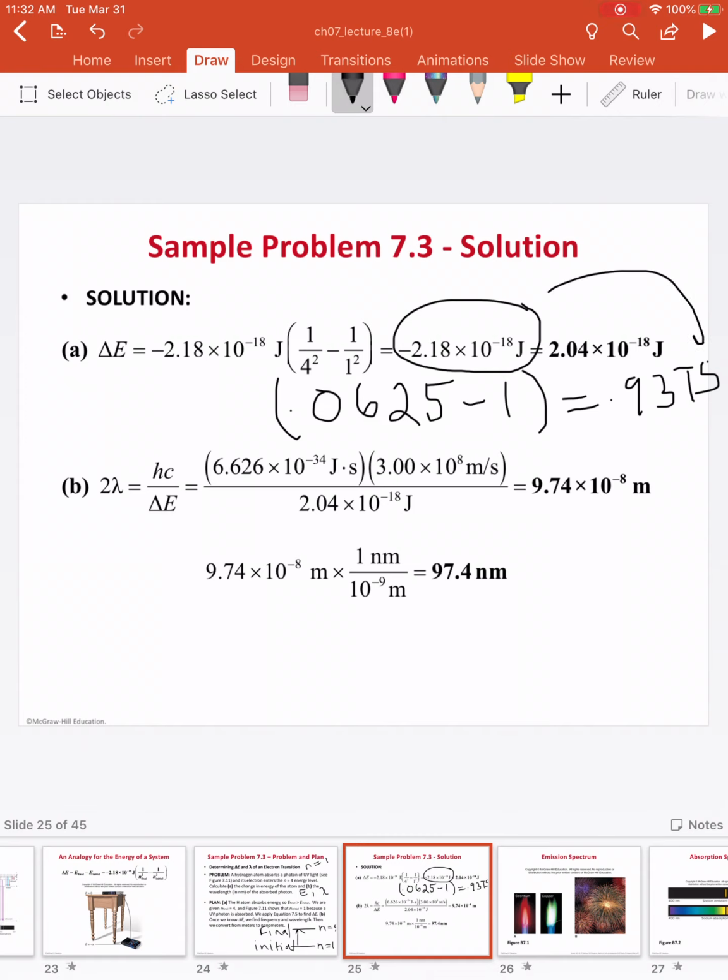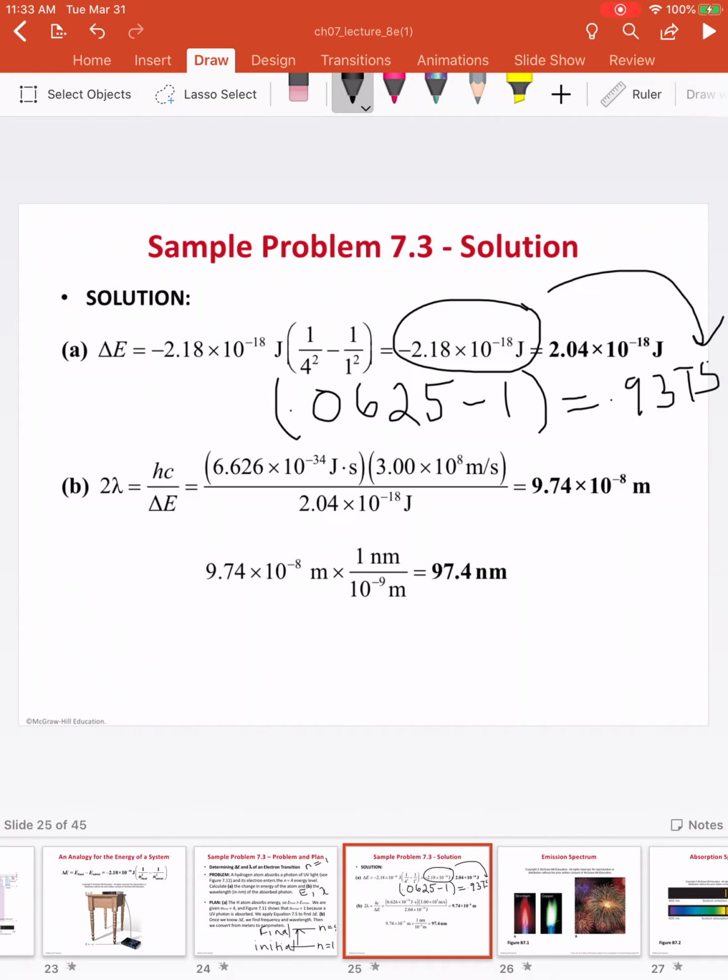You multiply these two together. You can see in this PowerPoint, it is not showing that you need to multiply with the number that you're going to get from here. So that's a typo. So you can do your calculation: negative 2.18 times 10 to the negative 18, and you multiply that by this number.